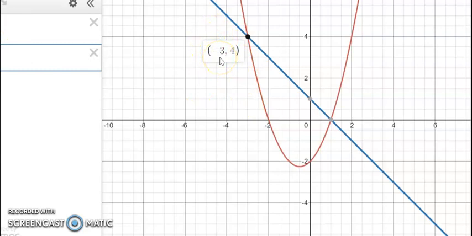Well, this says that my solutions are negative 3, 4, and 1, 0. So mathematically, I made an error, because these two graphs do intersect at these two points. Those are the solutions. So if we are graphing a system of equations, no matter what type of equation they are, then the solution is where they intersect.